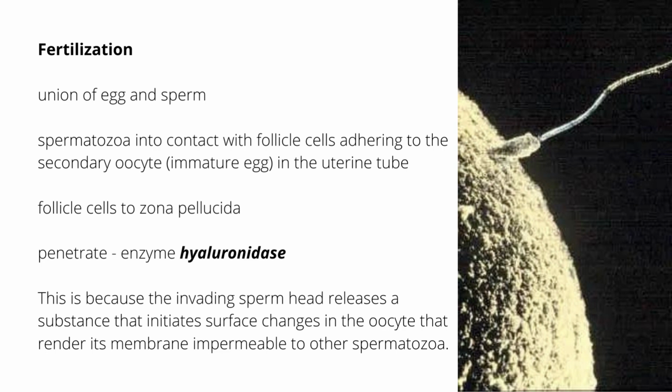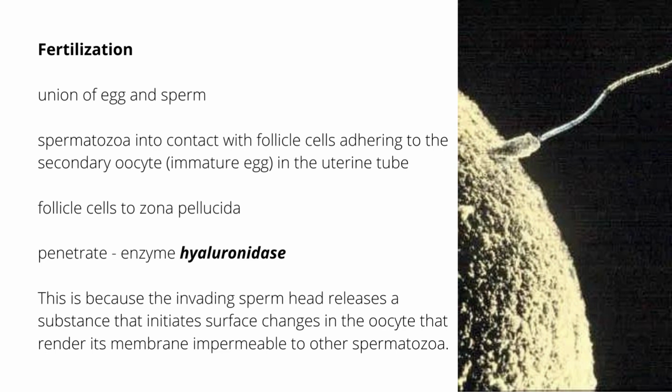Some sperm heads successfully penetrate the capsule by means of an enzyme that they secrete, which is called the hyaluronidase, but only one sperm can make contact with the cell membrane and cytoplasm of the oocyte.